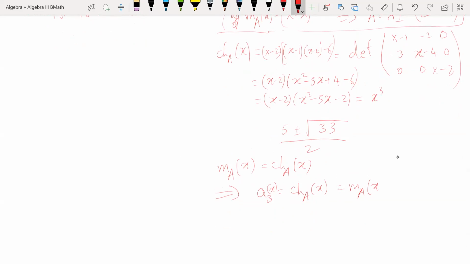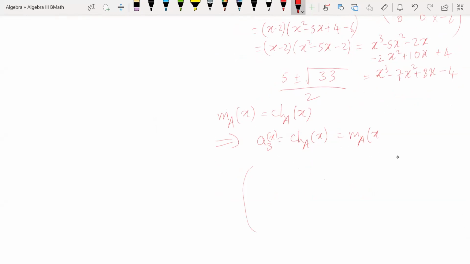We get x cubed minus 5x squared minus 2x, minus 2x squared plus 10x plus 4, which is x cubed minus 7x squared plus 8x plus 4. From here you can get the rational form.